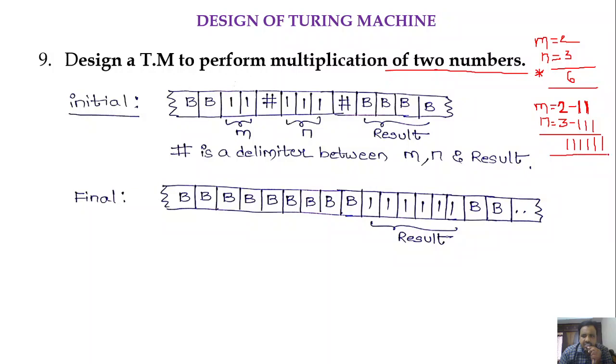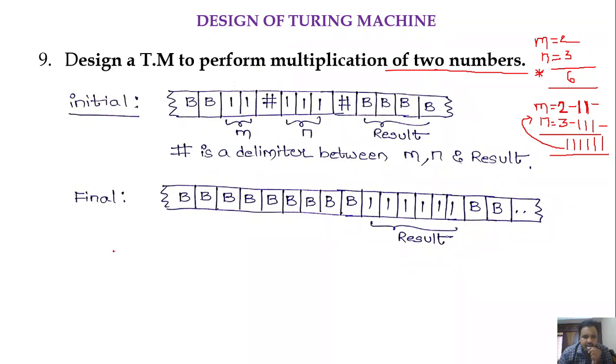So what we have to do here is convert this m, that is 2, and n value 3 into 6 ones. Why 6 ones? Because 6 is the result of multiplication of 2 and 3. So how do we implement the logic for it?